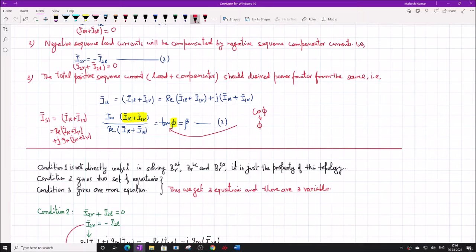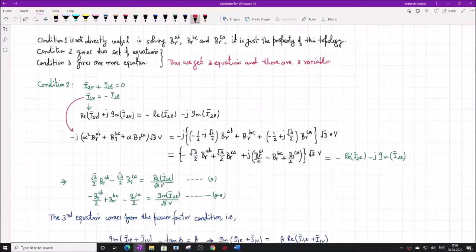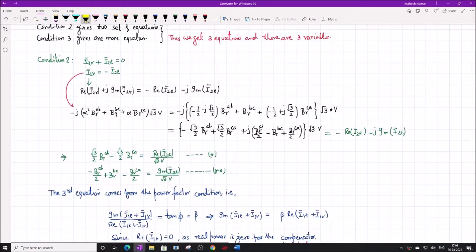As I said, the first condition is not very useful. In fact, the second condition leads to two equations. The second condition was I2 gamma plus I2L equal to 0. Therefore, the I2 gamma phasor is equal to minus I2L. Any phasor can be written in real and imaginary parts, so real of I2 gamma plus j imaginary of I2 gamma must be equal to negative of real of I2L minus j imaginary of I2L.